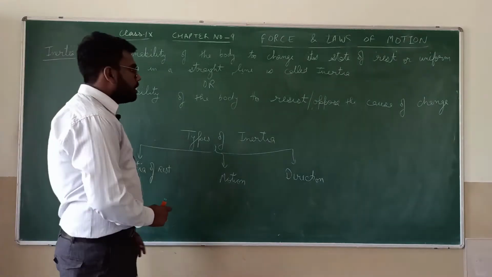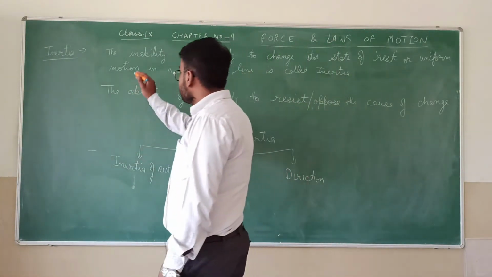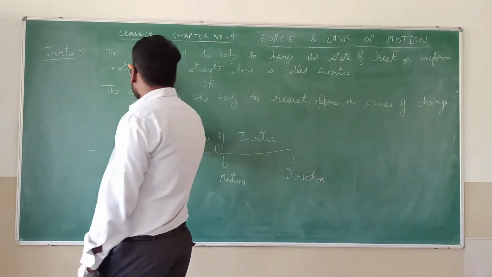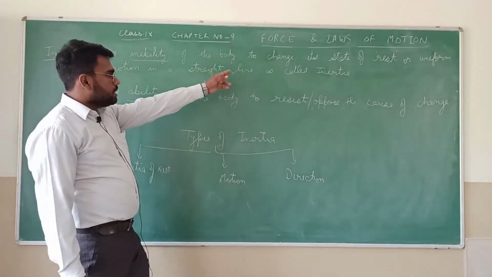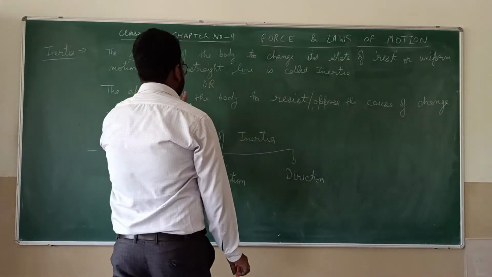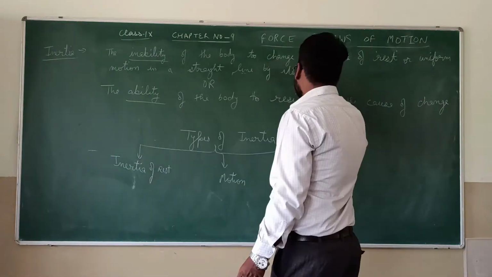Next topic is inertia. So how will we define inertia? First thing, inertia has two definitions. First definition is the inability of a body to change its state of rest or uniform motion in a straight line by itself. There is one more word, itself.